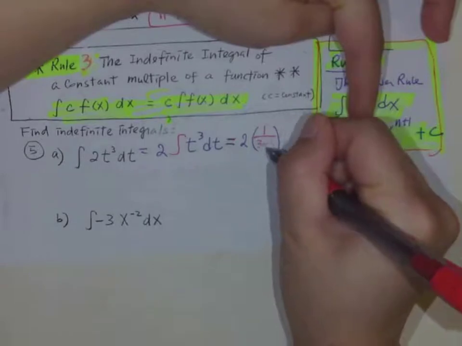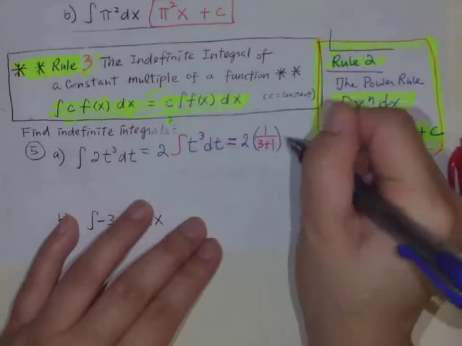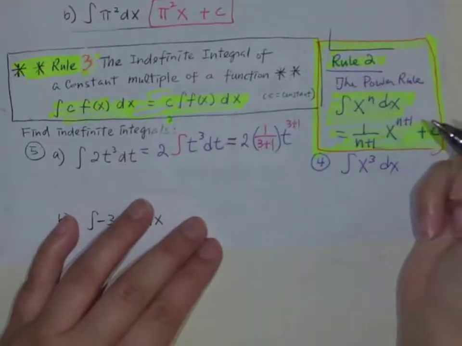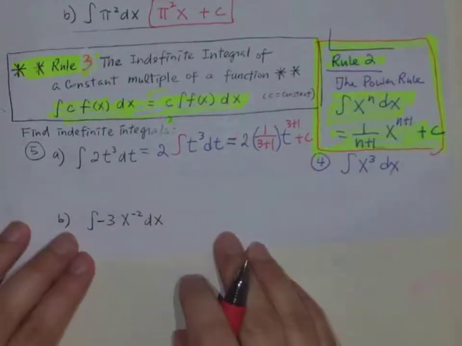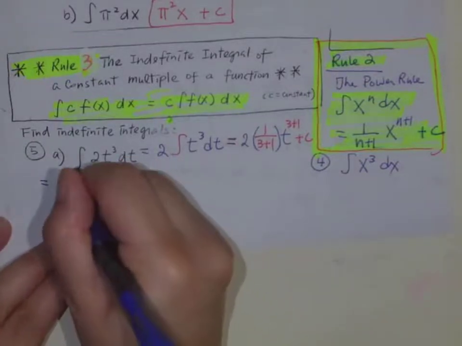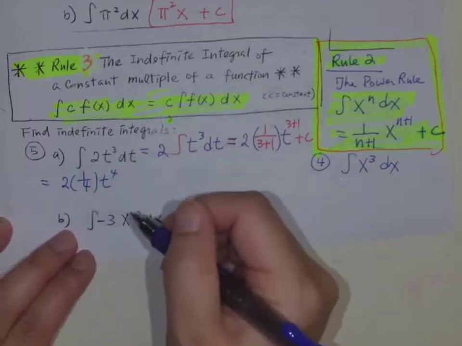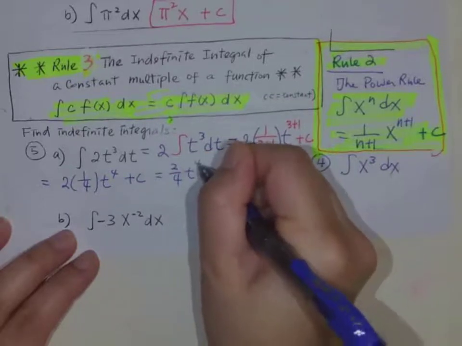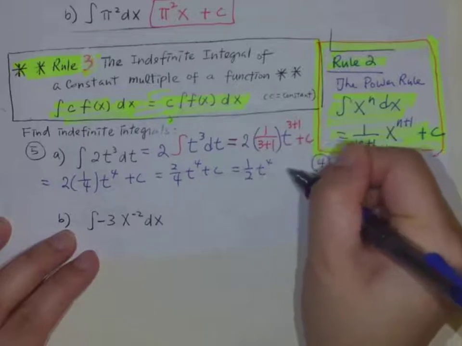So 3 plus 1, and then we have t, also 3 plus 1, and then don't forget to add a c constant at the end, right? So let's see. So that would be 2 times 1 over 4 t to the 4th power plus the c, right? So it's like 2 over 4 plus c equal to just 1/2 t to the 4th power plus c.